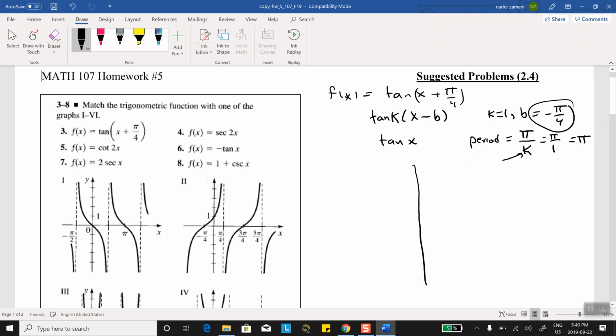Actually, tangent is one of the things that you should immediately realize. You can, for example, draw it, because one period is pi. You can draw it between minus pi over 2 to pi over 2. Remember, tangent is sine over cosine.